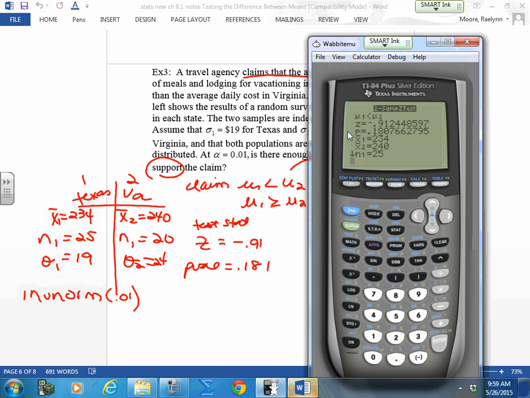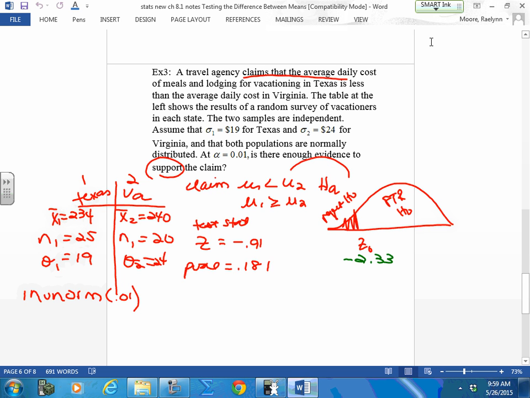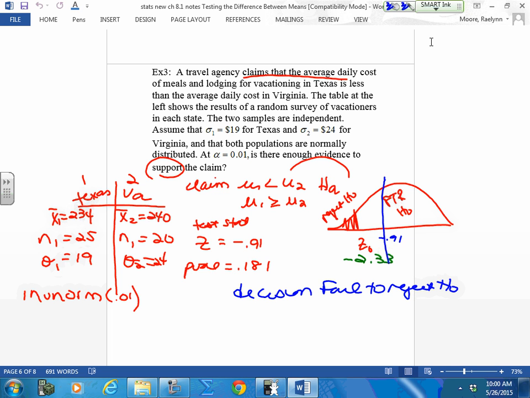Good? Now we test. We say the Z-score of negative 0.91 falls to the left of the 0, but over here somewhere. So therefore, our decision is fail to reject H0. If you test P-val against level of significance, P-val would be greater than your level of significance. Again, same decision.